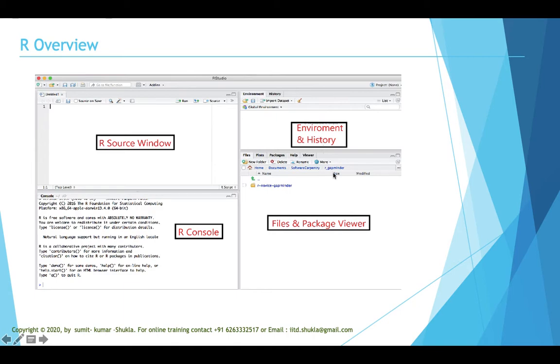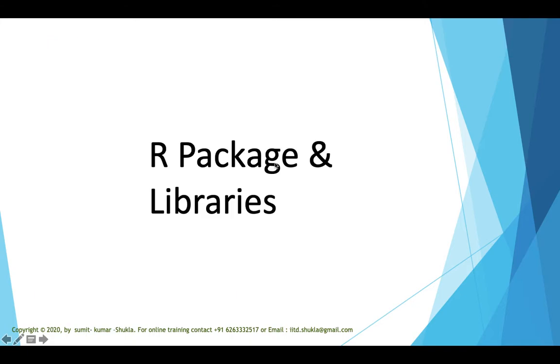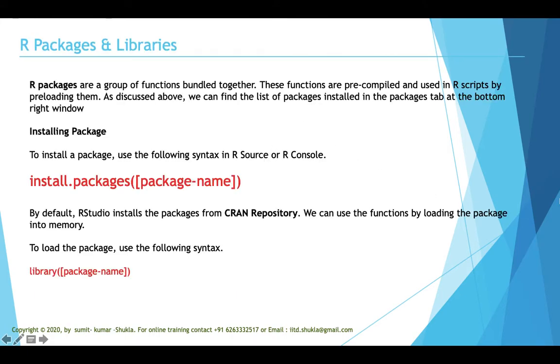That's the overview of R. There are packages and libraries for R. Packages are nothing but a group of functions bundled together. We'll create functions in R, and all the functions combined together are called a package. These functions are pre-compiled and used in R scripts. R is basically an interpreted programming language.